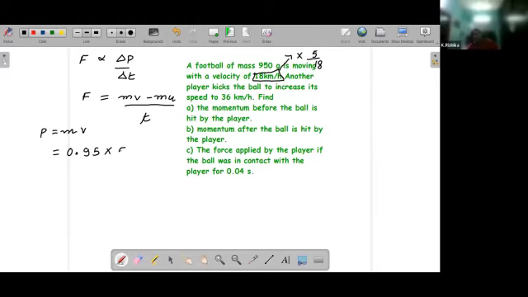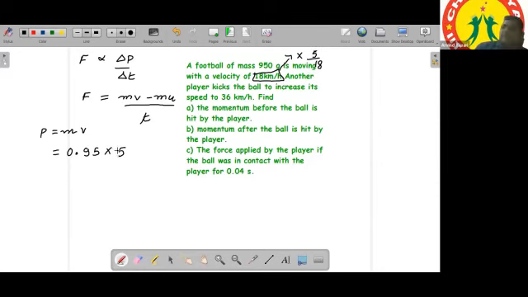Okay, we get here 5 meter per second. Prince, are you getting? Yes, sir. Okay, understood this now? Every time you have to convert from kilometer per hour to meter per second, multiply it by 5 over 18. If you multiply, you will get your answer equals to 5.